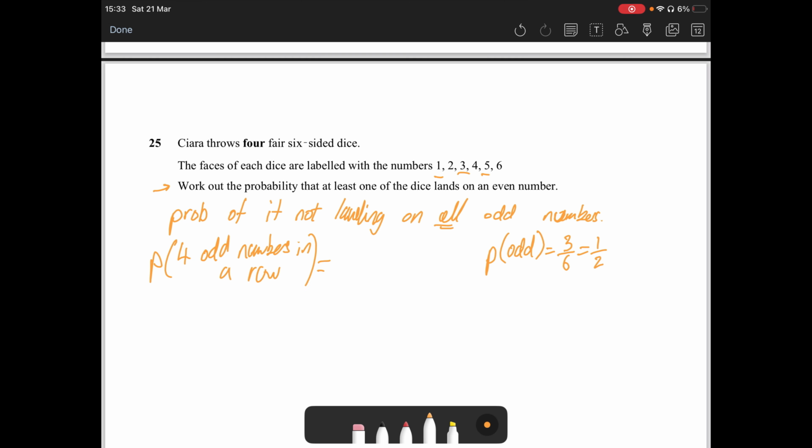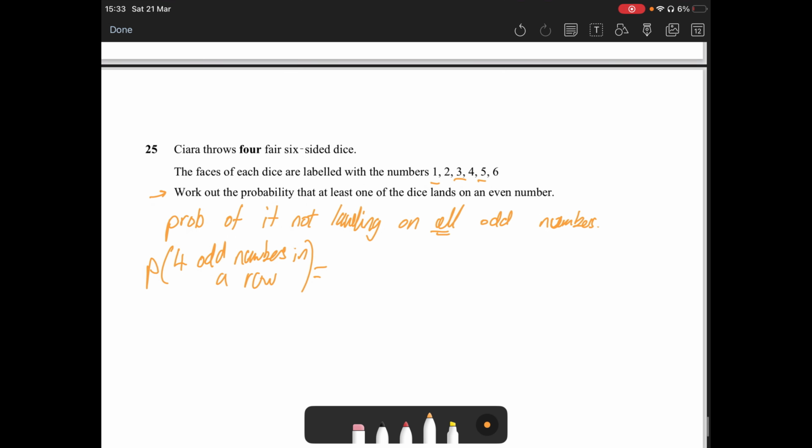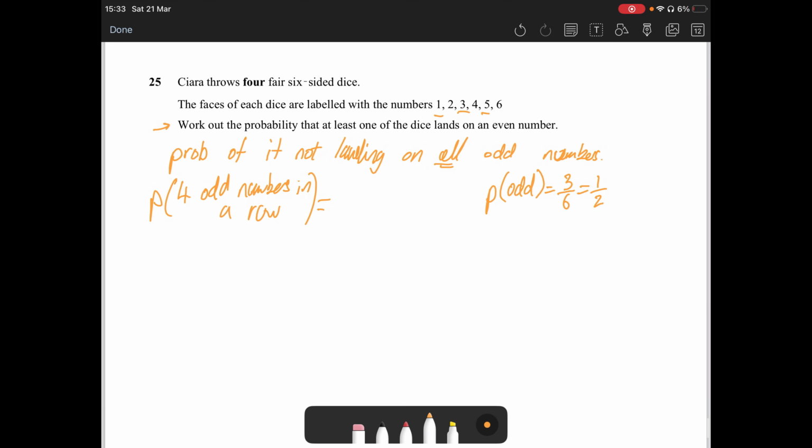So you getting 4 odds in a row is, well, because they're independent events, we can multiply them, right? So the probability of 4 odds in a row is going to be a half times a half times a half times a half, right? 1 times 1 times 1 times 1 is 1. 2 times 2 times 2 times 2, 2 to the power of 4, is 16.